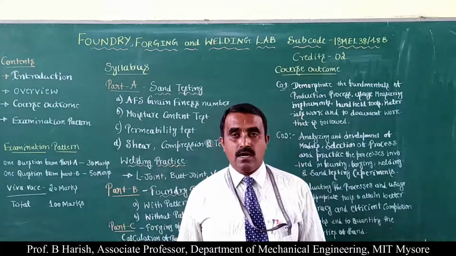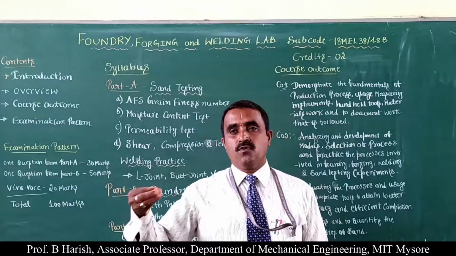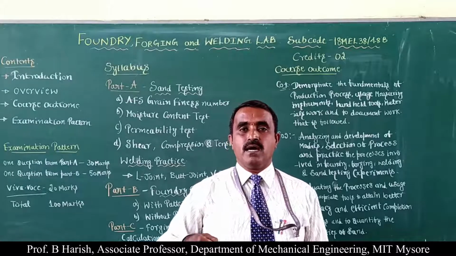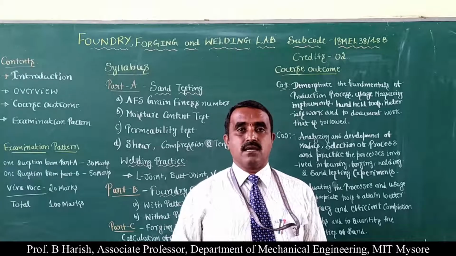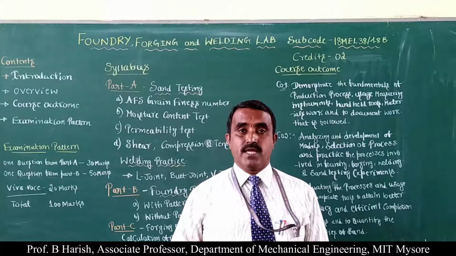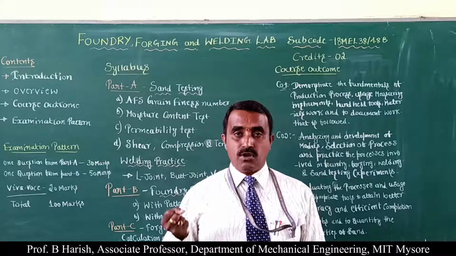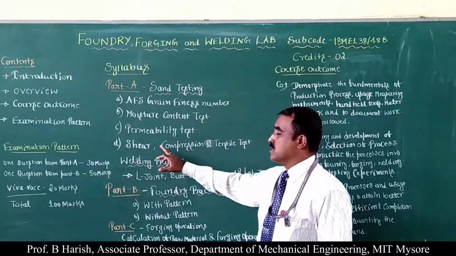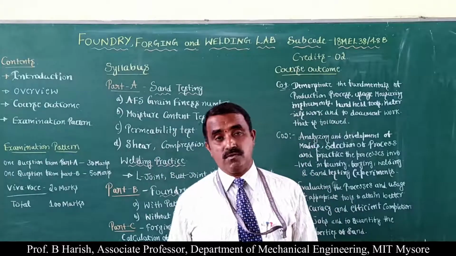Then once we prepare the mold, the liquid metal will be poured into the cavity. So it will be applying a load on the prepared mold, and it should have that strength. In order to find that out, we carry out tension, compression, and shear tests of the sand used in the mold.